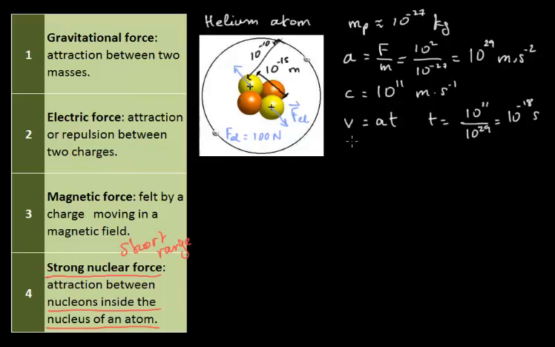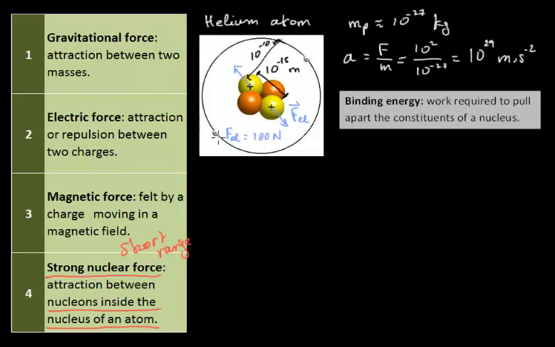And now how strong is it? How strong is this nuclear force? Well, we know that it's at least stronger than 100 newtons in this atom, but actually newtons don't really make sense when you're in the atomic world. We rather talk about binding energy, which is the total energy that you would need to completely pull apart the constituents of a nucleus.